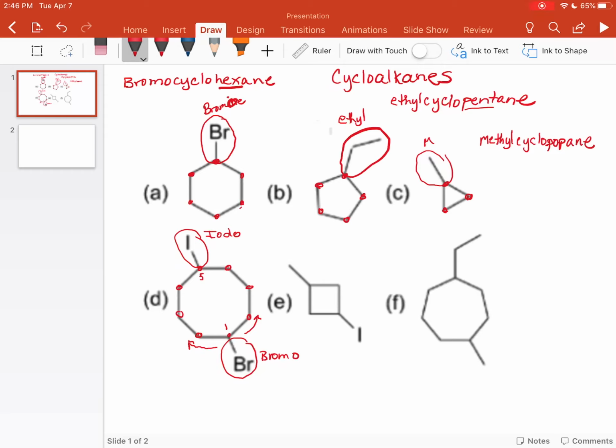It does not matter which direction we count from. So here I'll number them 3, 4, 5, 6, 7, 8. So the name of this is 1-bromo-5-iodocyclooctane.